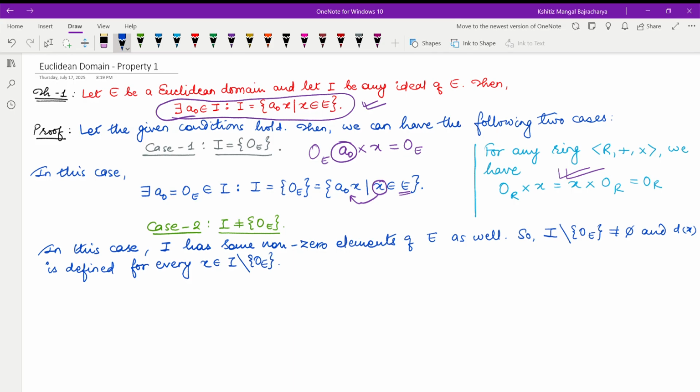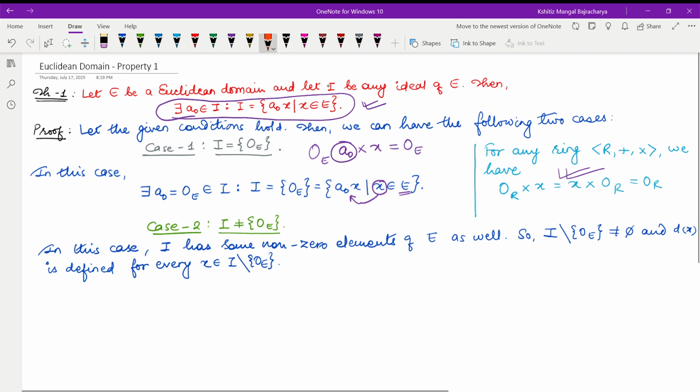Since x is a non-zero element of I, it is obviously a non-zero element of E, and for any non-zero element of E, by definition of a Euclidean ring, the d-value is well defined.